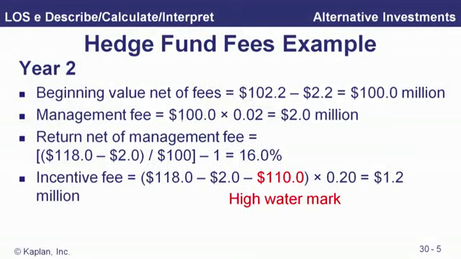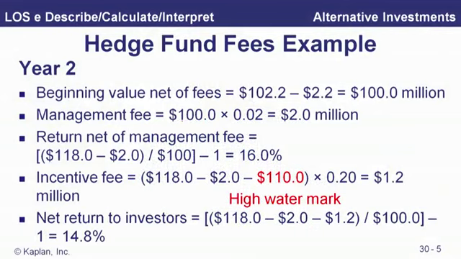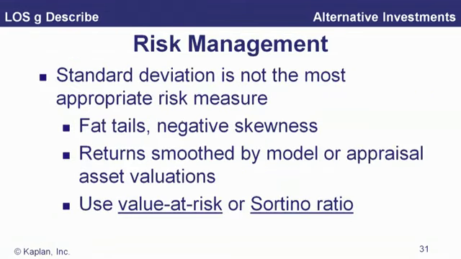As I recollect, it was a soft hurdle rate, so we're going to get an incentive fee on all the gains because we exceeded that, but we aren't going to get money in an incentive fee for the return of assets from 100 million back to 110, only on the movement from 110 to 116 net of fees, which is where we get the 1.2 million here. Net return to investors, 14.8%. So hopefully we brought a little of each of those terms into it to give you a better feel and help you remember some of that.